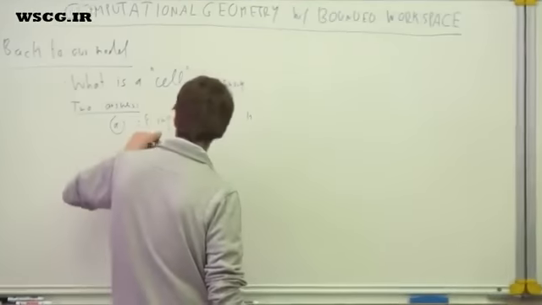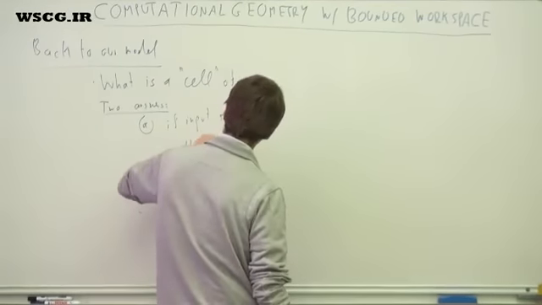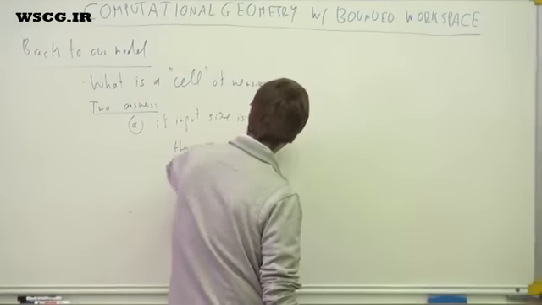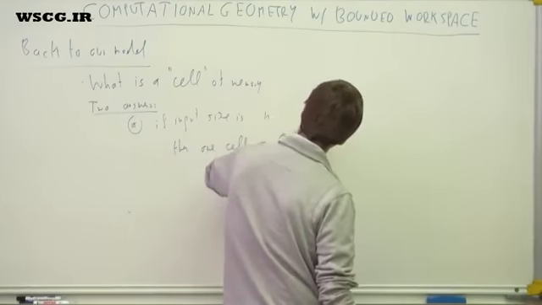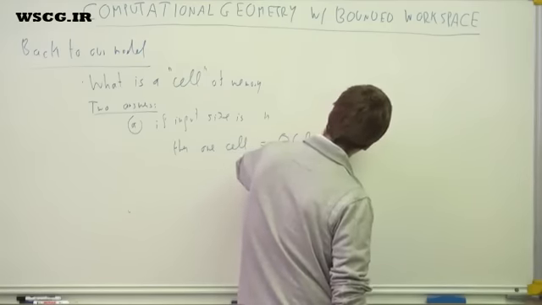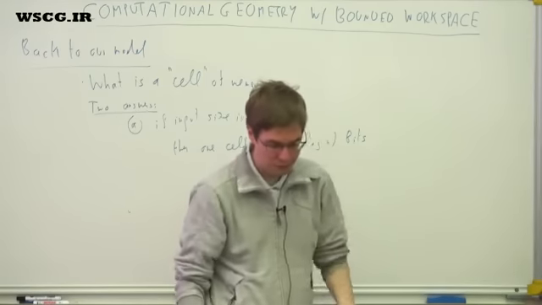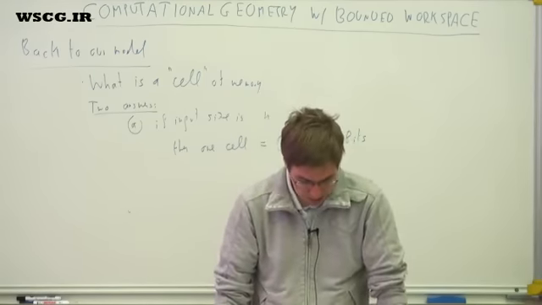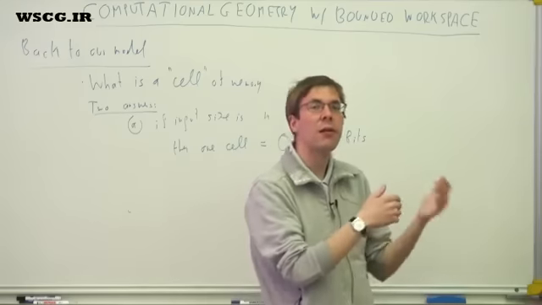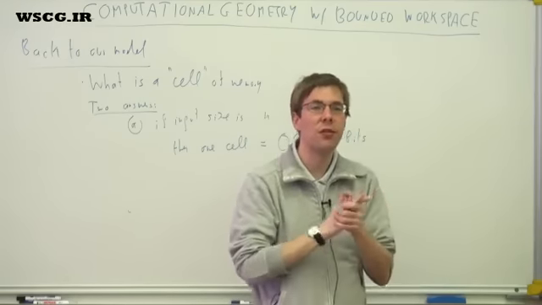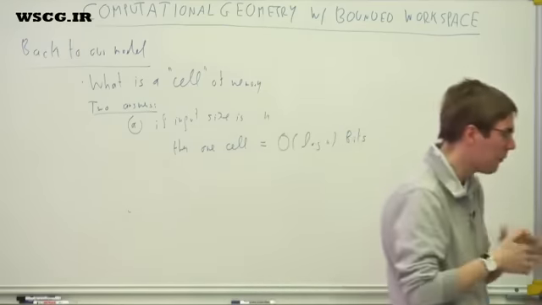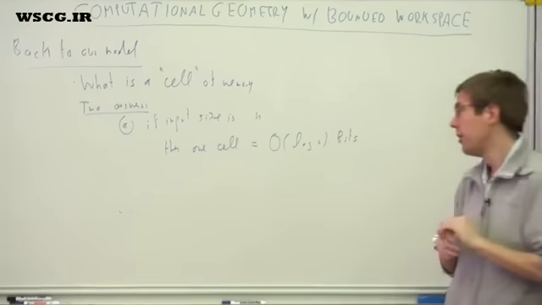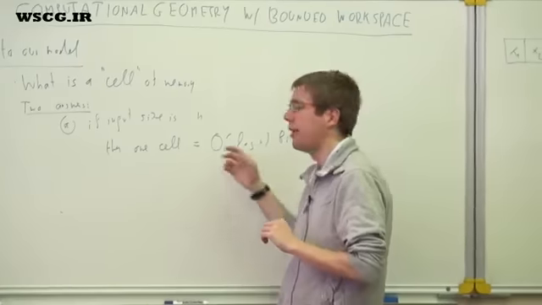Then one cell equals O of log n bits. That's one answer. And then I can do operations on these cells in constant time as I please, the usual computations on it. But one cell equals log n bits.